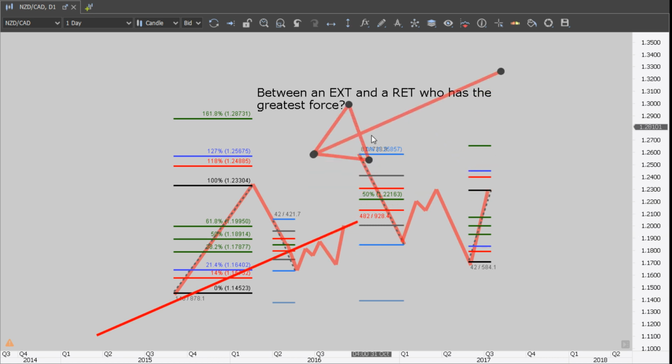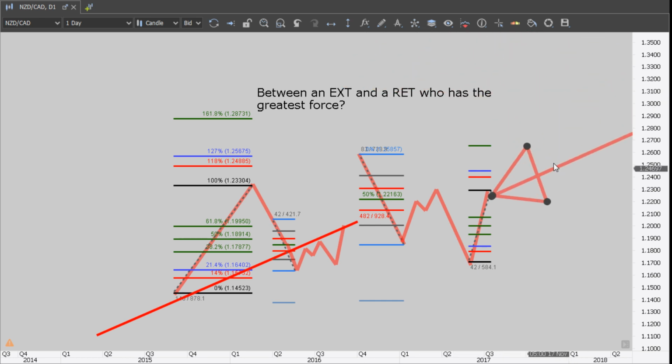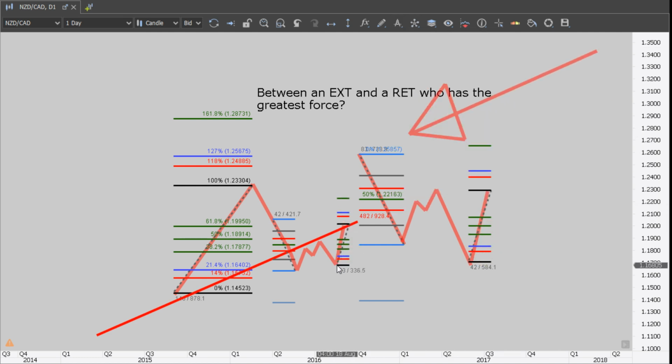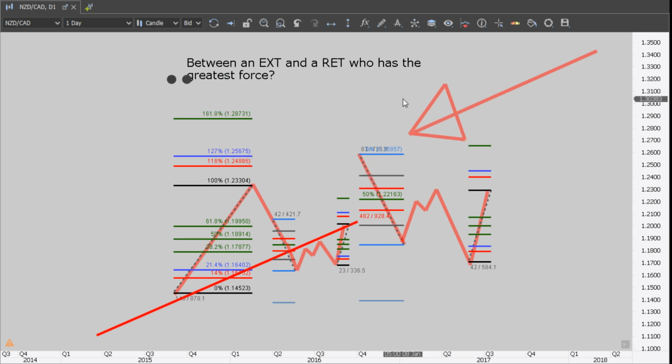Then the answer is not going to be where is the greatest force in extension on the retracement, but it's going to be the retracement on the 2 hour chart, which is going to equal the extension of the daily. You can trade the retracement if the lower time frame.